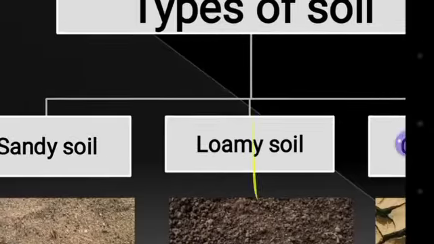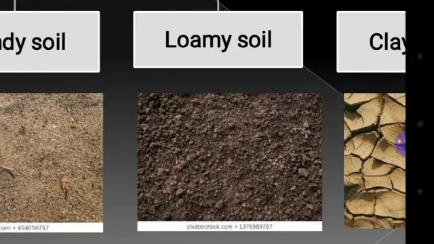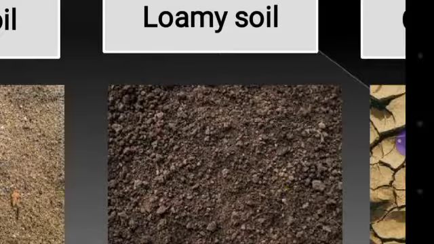Next type of soil is loamy soil. You can see in the picture loamy soil. It is comprised of approximately 25 to 50% of sand, 30 to 50% of silt and 10 to 30% of clay.